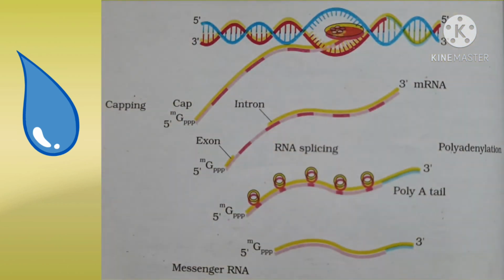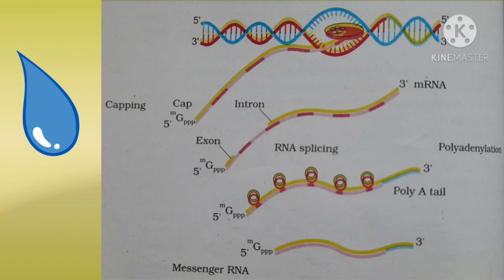An mRNA thus formed is a primary transcript and it has to be edited. That is, it has to be processed into a matured RNA. The primary transcript or the premature RNA consists of functional regions called as exons and non-functional regions called as introns.